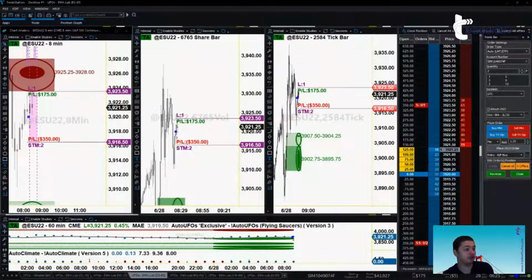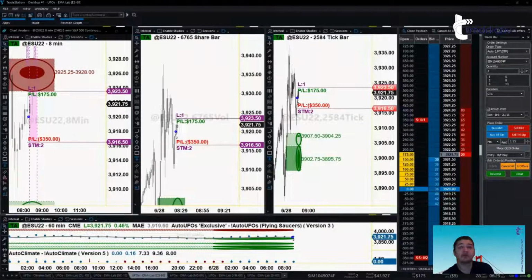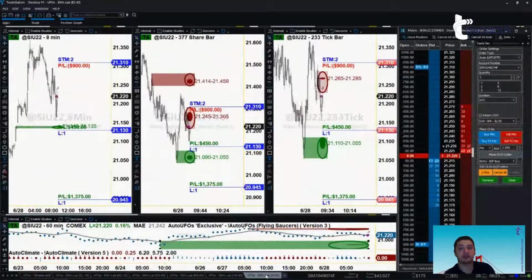The Dow is showing a little bit more strength of all three here versus the rest of them. Okay, a little bit of indecision before the open here, which is not uncommon. As you see, we keep going up and down, up and down. It's nothing unusual. Silver just kind of sitting there.